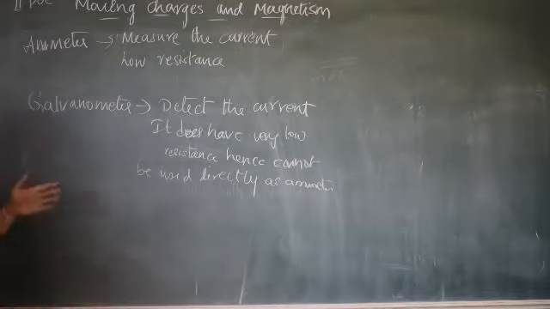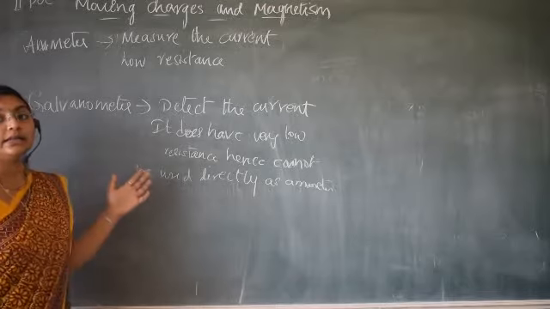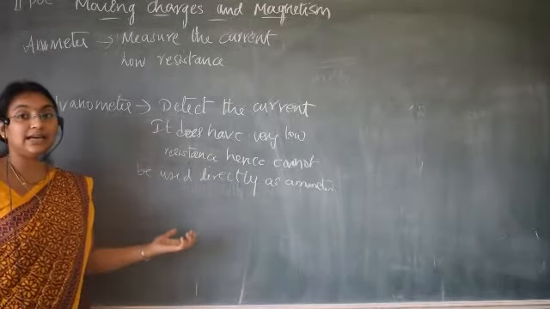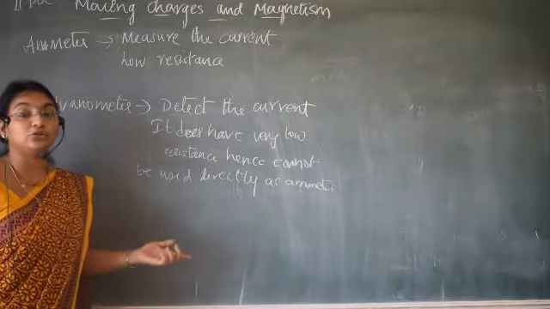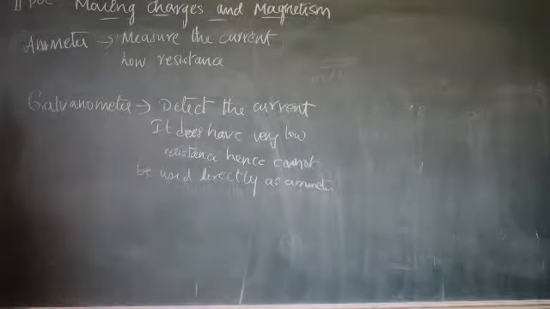If you use it directly as an ammeter, then whatever resistance it has will change the amount of current. So you cannot measure it, correct? It will change the value of current in the circuit. To overcome these difficulties, what do we have to do?